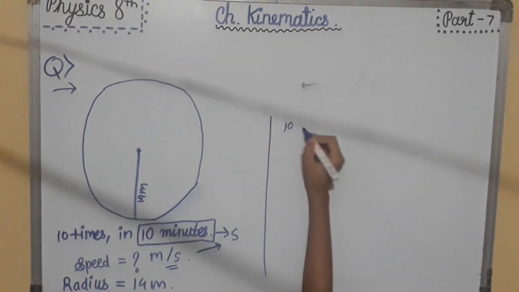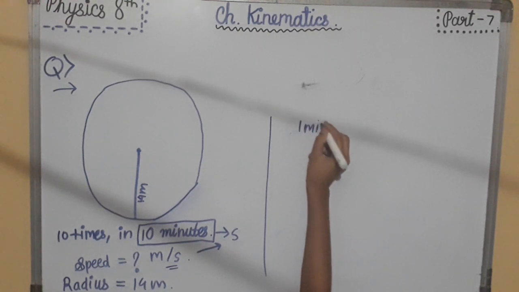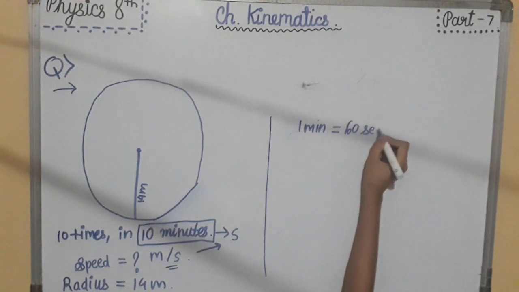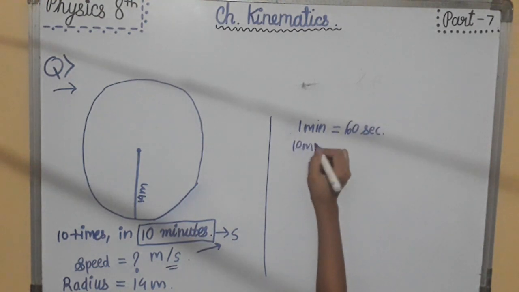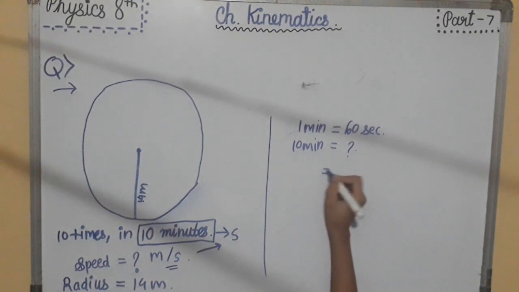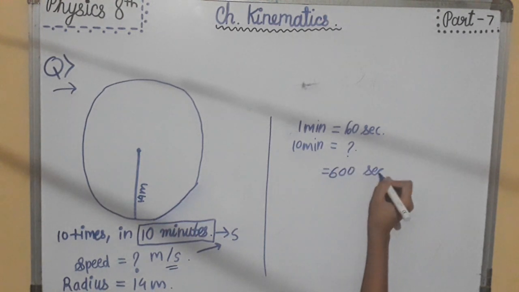For that, 1 minute is equal to 60 seconds. So 10 minute is equal to how much? After multiplying, 10 minute will be 600 second.